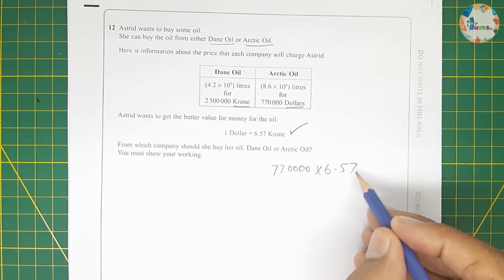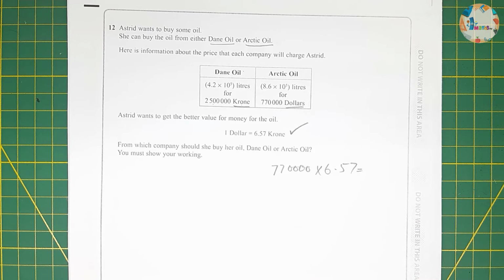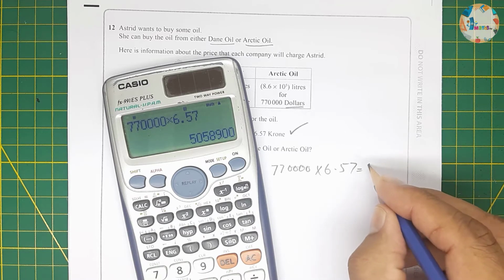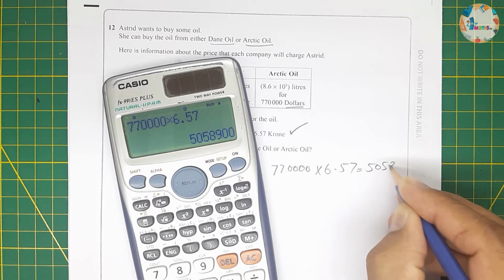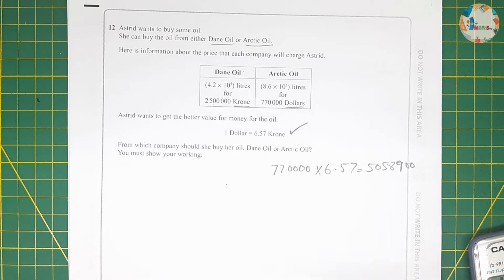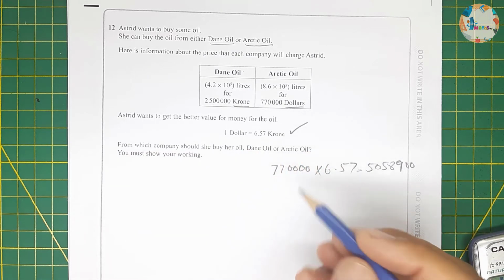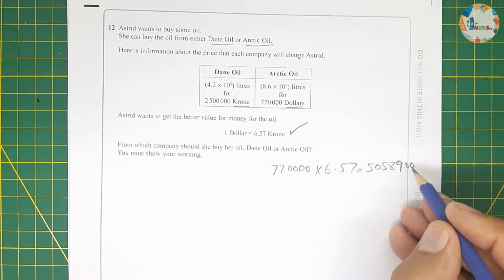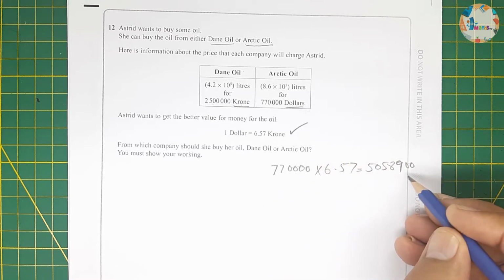So this will be equal to how much? 77 and 1 2 3 4 zeros multiplied by 6.57, and this will be equal to 5058.900, and this is Arctic Oil. So this will be in terms of kron.